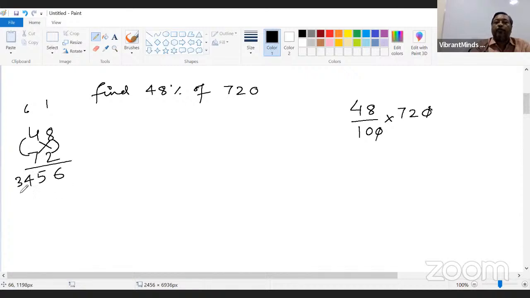So it is giving you 3456 upon 10, and that will give me a decimal. So 48% of this is how much? 345.6. Is it clear, guys?